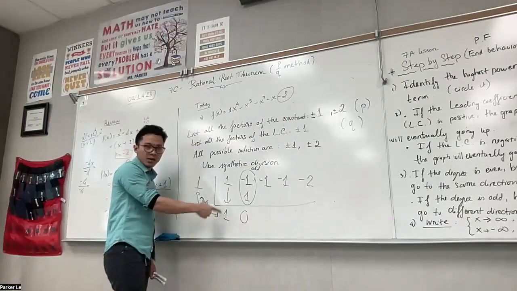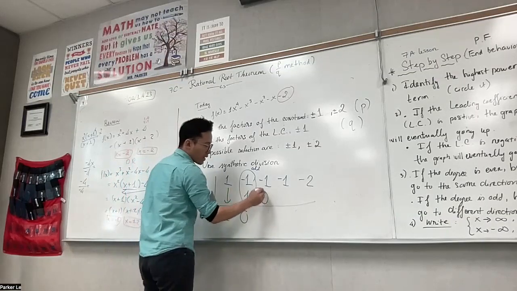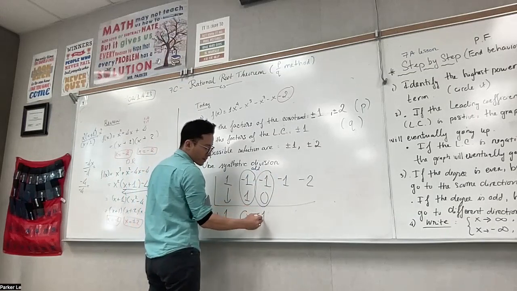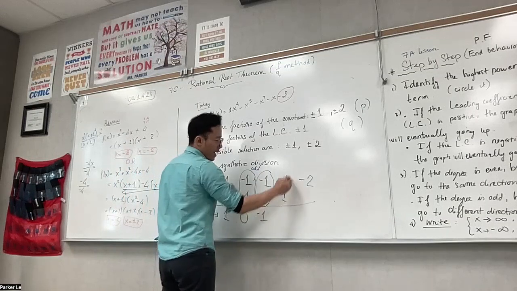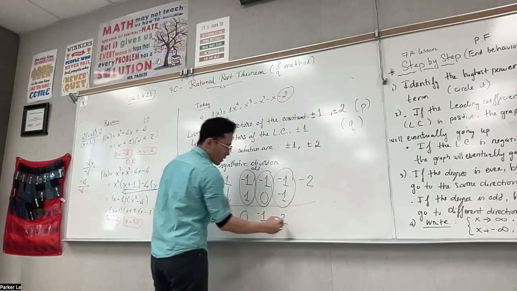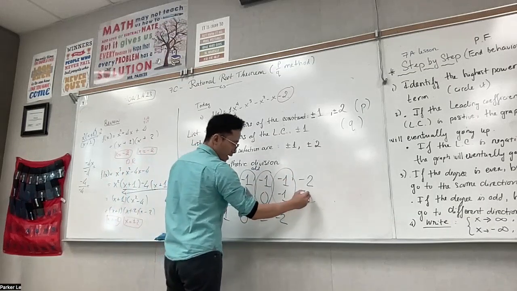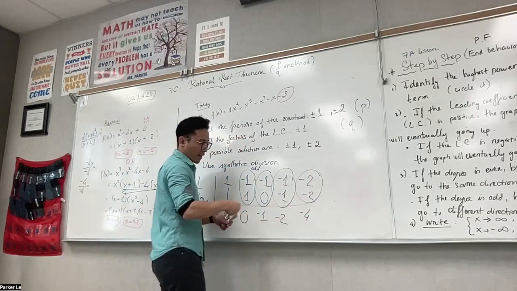Don't be freaked out when you see 0, keep going. 0 times 1 is 0. And then add -1 plus 0 is -1. Multiply. What do you have? Add them. What do you have? -2. Multiply. What do you have? -2. Add them. What do you have? -4. Okay.